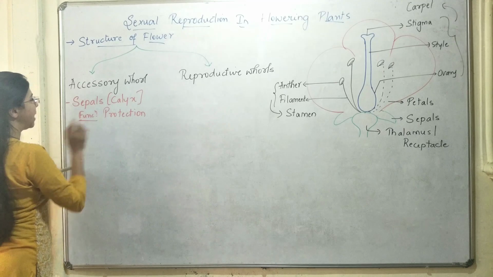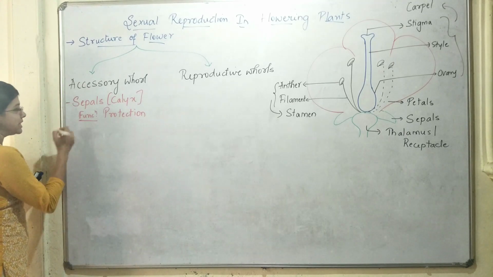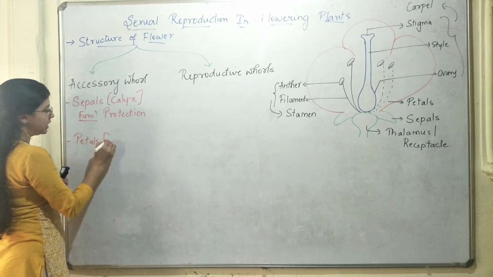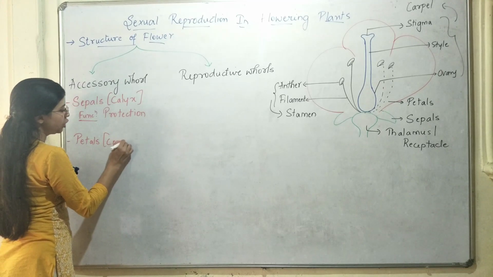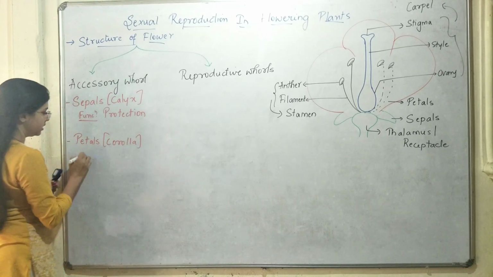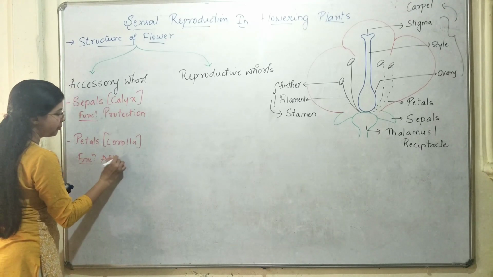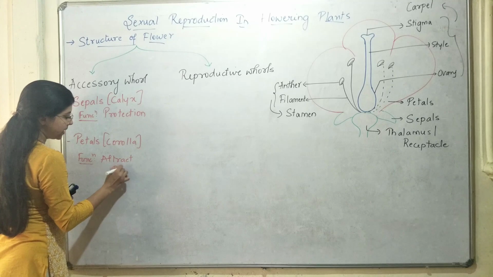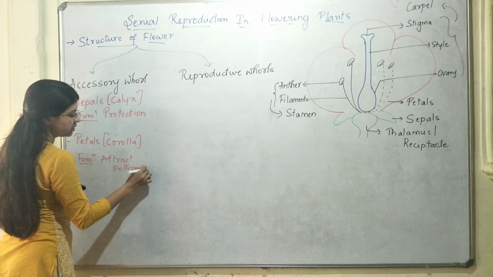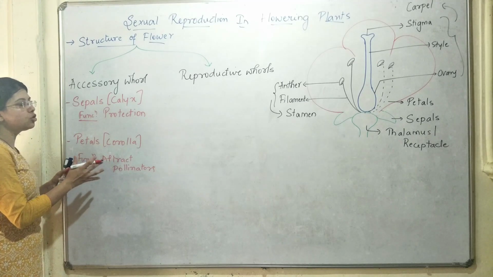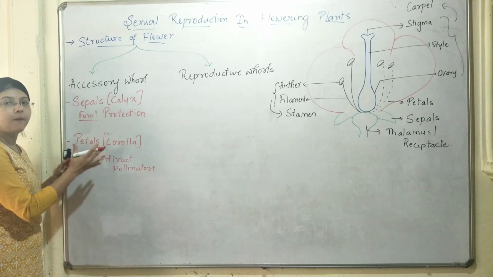The second accessory whorl is the petals. Together, all can be called the corolla. Petals are the colorful part of the flower, so their function is to attract the pollinators.